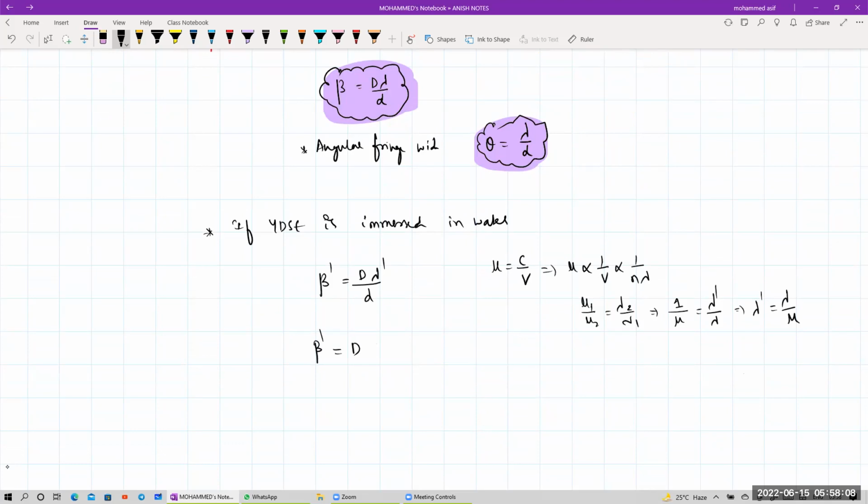Beta dash is equals to D into lambda dash, is lambda divided by small d into mu. देखो कैपिटल डी स्मॉल डी इंटू लैम्बडा इज नथिंग बट व्हाट बेटा? फ्रिंज विड्थ इन एयर, तो हो गया फ्रिंज विड्थ इन एयर डिवाइडेड बाय म्यू। So when it is immersed in the water, fringe width will become 1 by mu times of the fringe width in air. ठीक है?